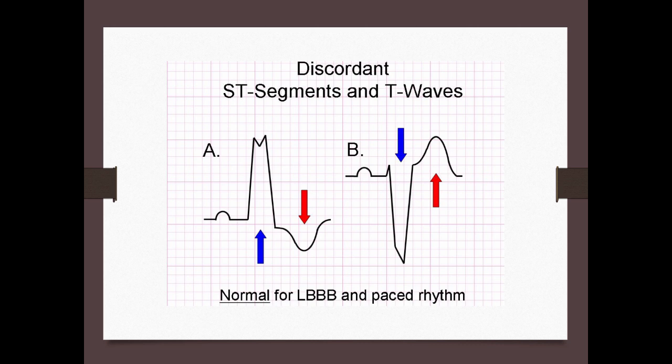We can have just a left bundle branch block, or we can have a left bundle branch block and some myocardial infarction going on. So this Sgarbossa criteria we're going to apply to left bundle branch blocks, and we can also apply this secondarily to ventricularly paced rhythms, V-paced rhythms.